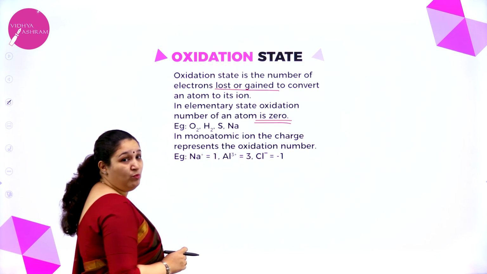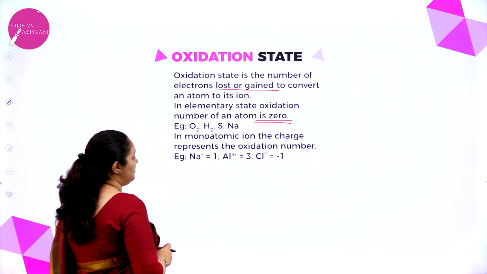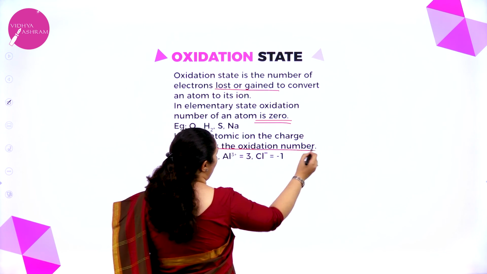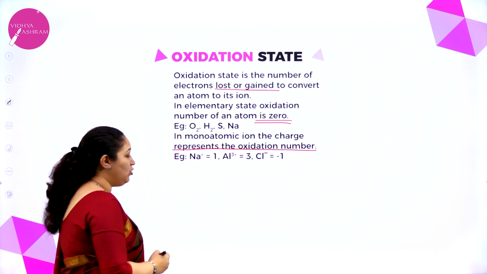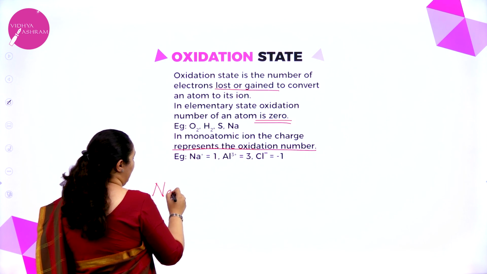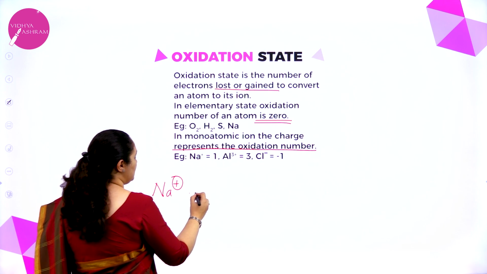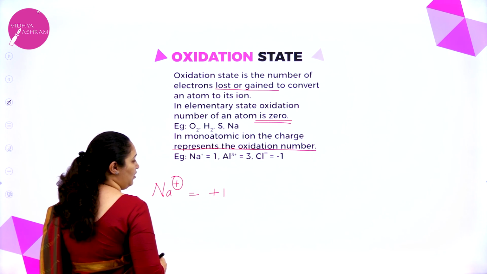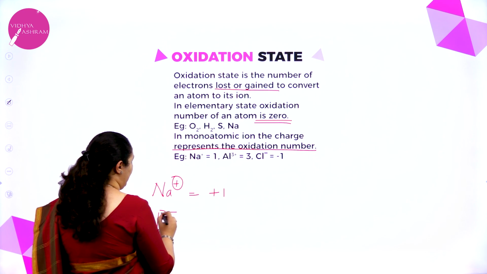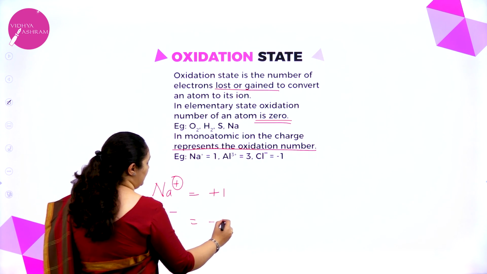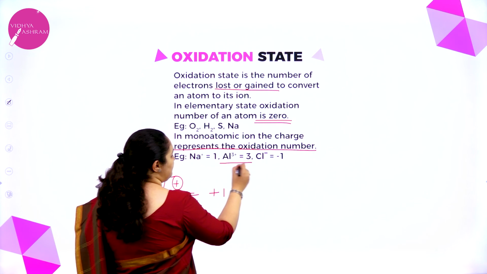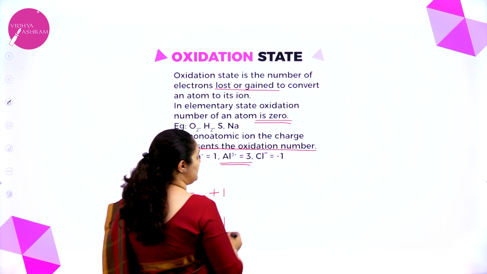In monoatomic ions, the charge represents the oxidation number. So for sodium, I put Na+, a +1 charge, so the oxidation number is +1. Similarly, if I write F-, fluoride ion, here it is -1. Aluminium is in +3 state, so the oxidation number is +3.